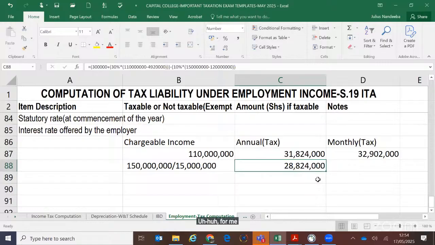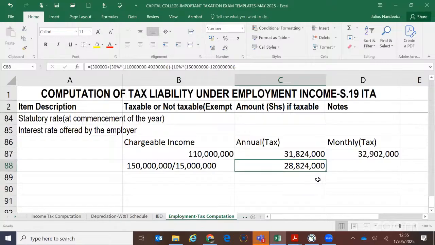For me, my formula here says 28 million. Did you get 28? For the annual. Oh, mine is wrong. Let me confirm it here.